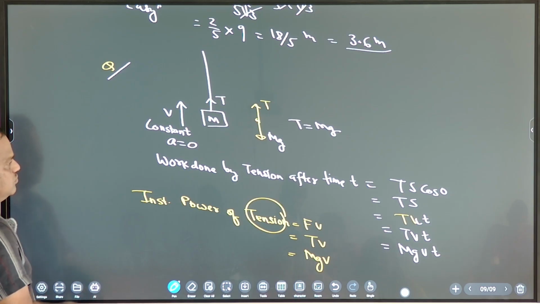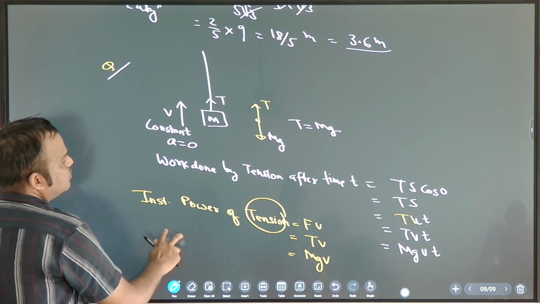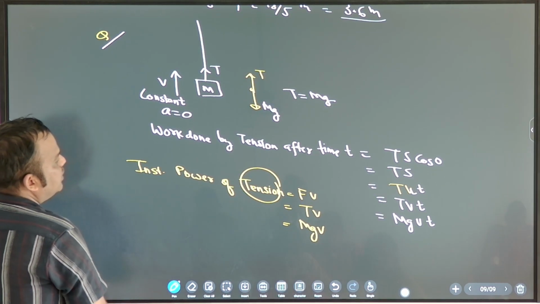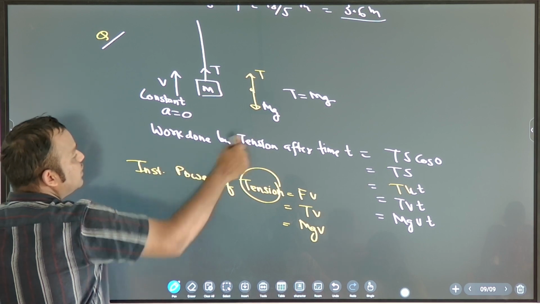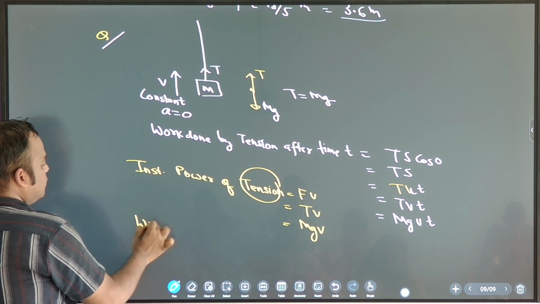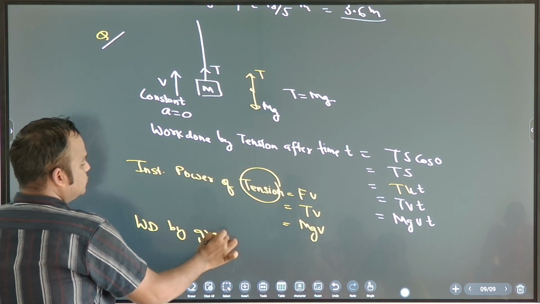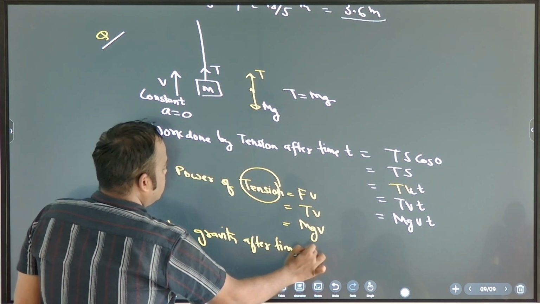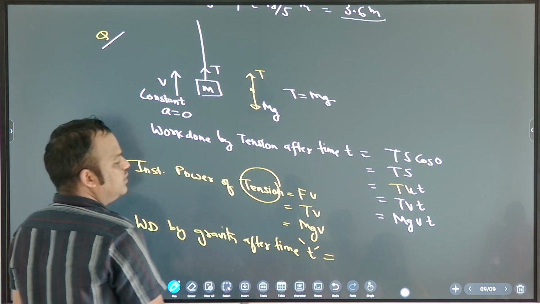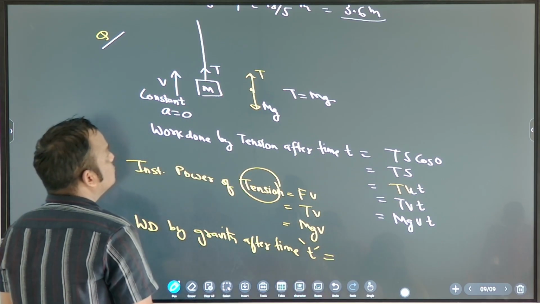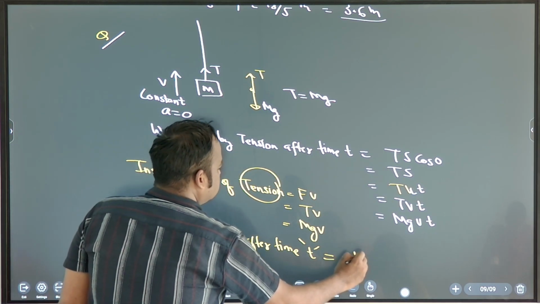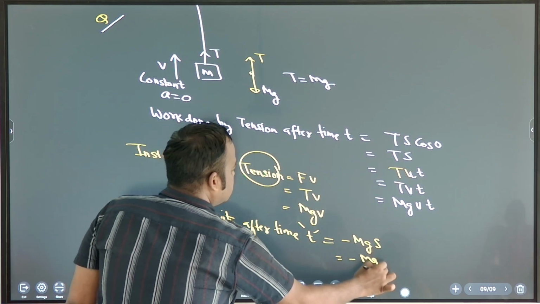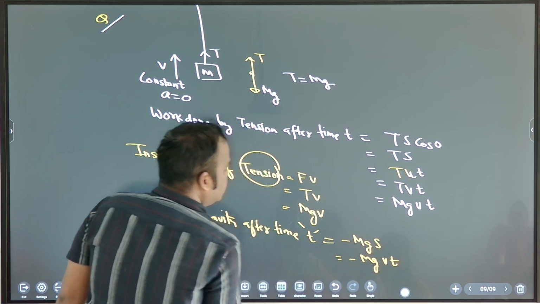Now, what is the work done by gravity after time t? Plus or minus? Minus. Good. Minus mg into s, so minus mg into vt.